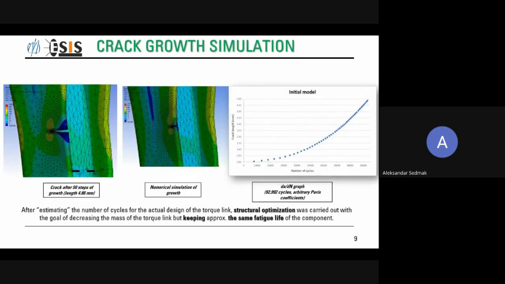You can see now crack growth, and if possible, yes, that's what I wanted. Great, thanks. So you can see how the crack grows. It's not a big deal here to get a good agreement between experimental, real, and numerical simulation, because the crack will go straight forward, but location is important.